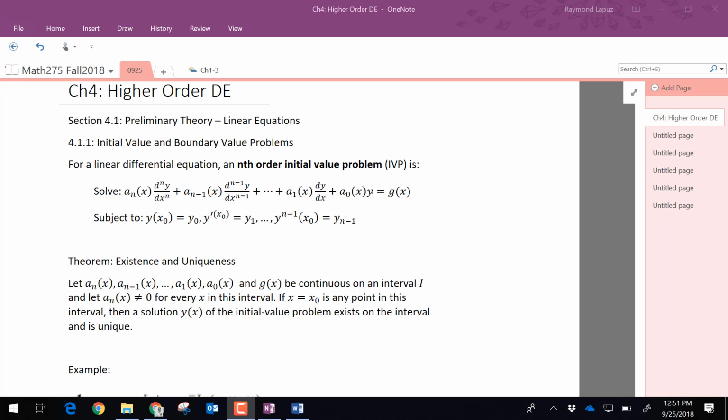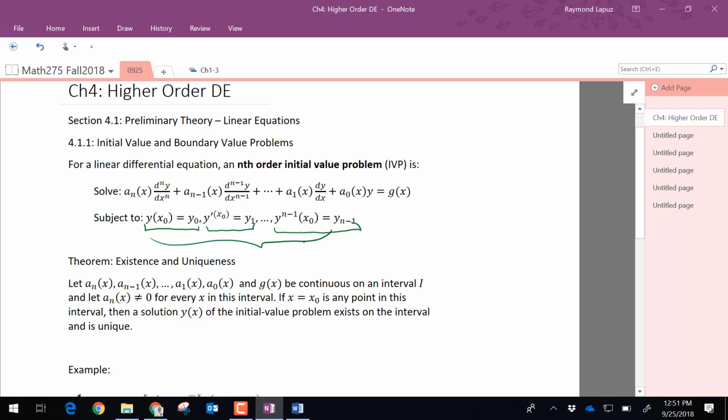Now, the initial conditions. Before we only had one initial condition for our first order differential equation. If you have a second order differential equation, you should expect two initial conditions. In a third order differential equation, you should expect three initial conditions.